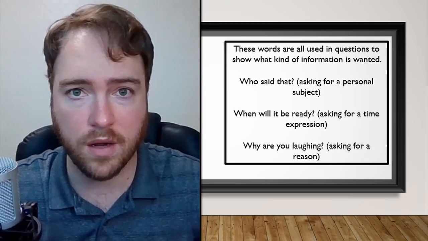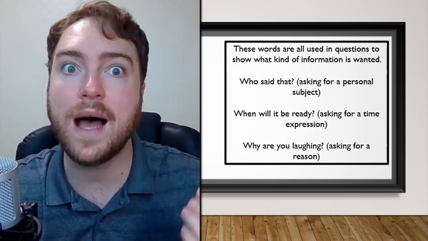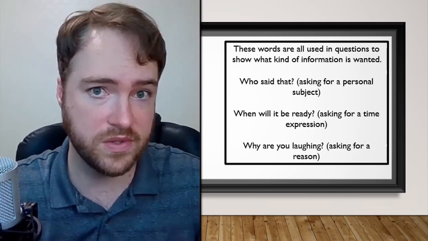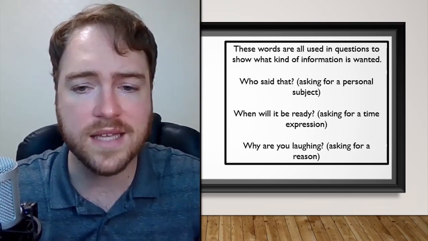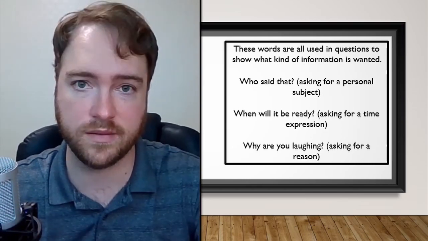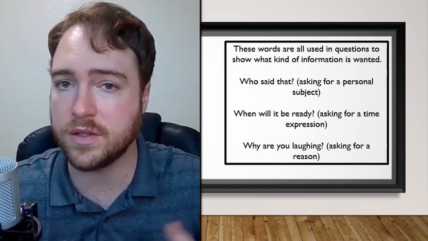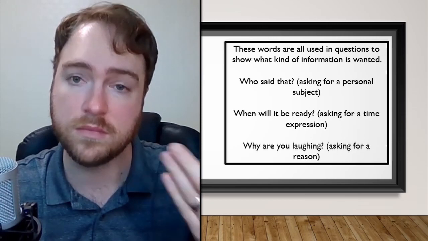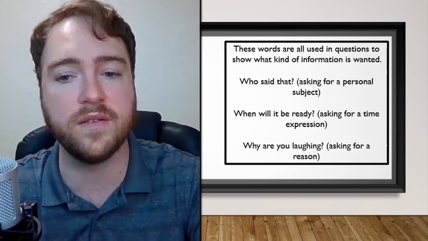And here, our last example is, why are you laughing? And when we use the word why, we're asking for a reason for something. So the answer usually, you will start with the word because. We use that word to give a reason.